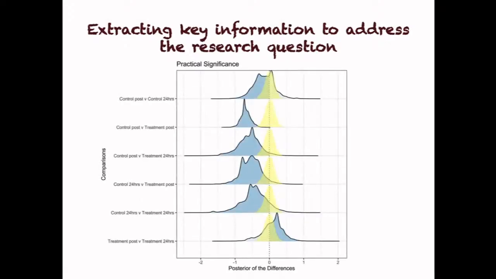Here we've got a posterior distribution plot of the pairwise differences between each of the conditions and time points. The dotted line represents 0. This yellow distribution is our prior distribution, and these blue distributions are the posterior distributions of differences.